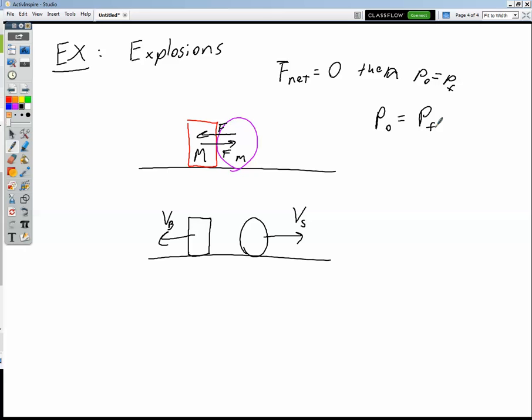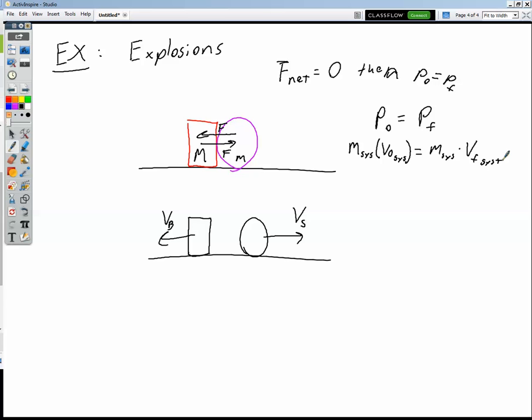And now, filling this out more specifically, we know that the total mass of the system times the initial velocity of the system is going to equal the total mass of the system times the final velocity of the system. And we can simplify this by thinking of Bobby's initial momentum plus Susie's initial momentum is equal to Bobby's final momentum plus Susie's final momentum.